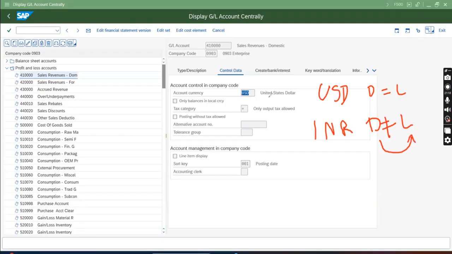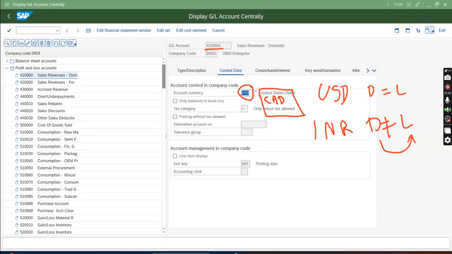Okay, so here, if the account currency is USD, that means this GL can record any transaction in any currency. But if the account currency is mentioned as, say, CAD, Canadian dollar, that means this GL account can be used to post only CAD, nothing apart from that. Let me again explain.